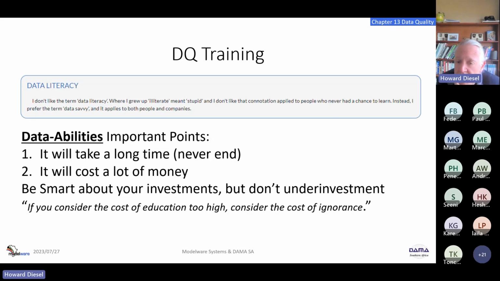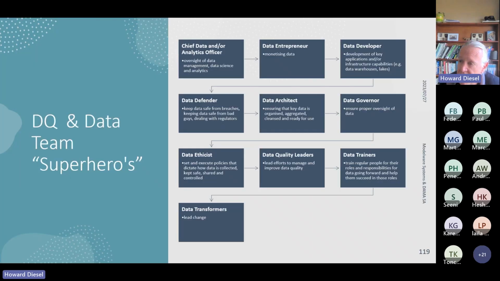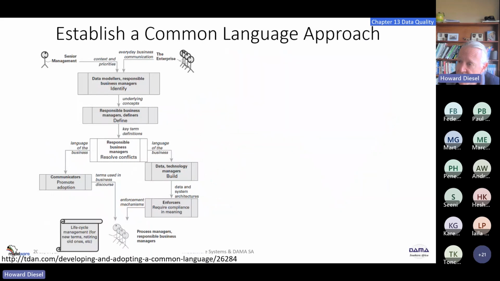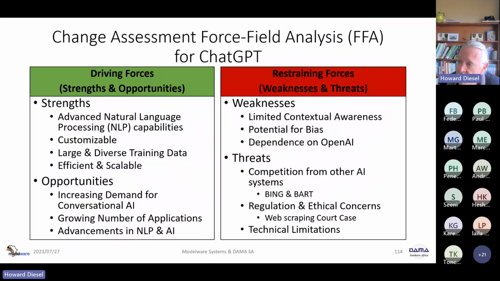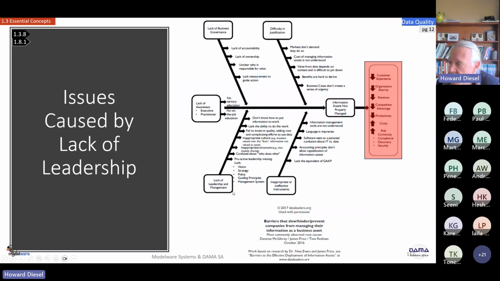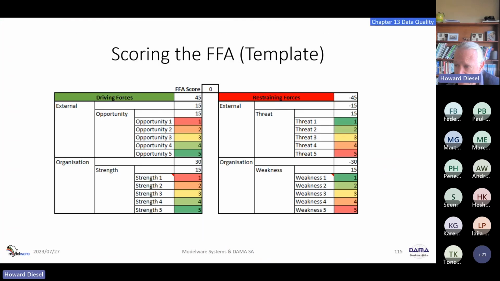What I like to do is, when I do my root cause analysis, and I don't know if you remember that root cause analysis, I got a lot of those ideas from Tom Redman. He had this situation on lack of awareness, no understanding of what to do, don't know how to put the information to work. When you have that area, you want to put some level of cost to those challenges that you're facing.